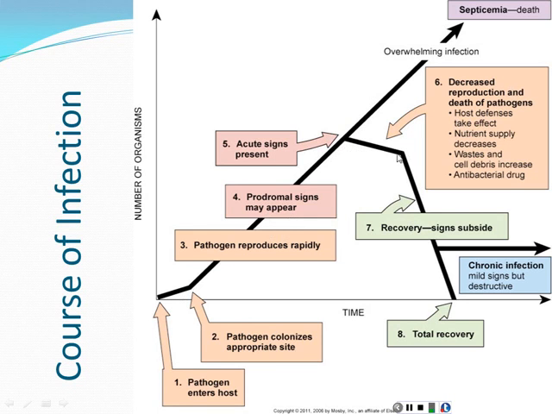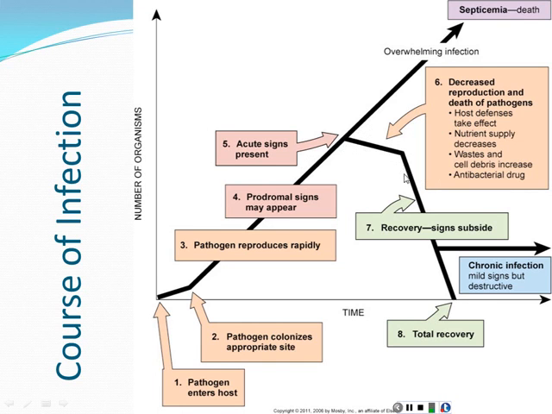And once they do, the nutrient supply decreases, so there's no nutrients to reproduce with. Oftentimes, patients might be on an antibiotic by this point, which is going to directly help to reduce this curve. So lots of organisms are dying. And then when we get to this point, now the immune system is really in charge. It's not just fighting, it's winning, and winning big.